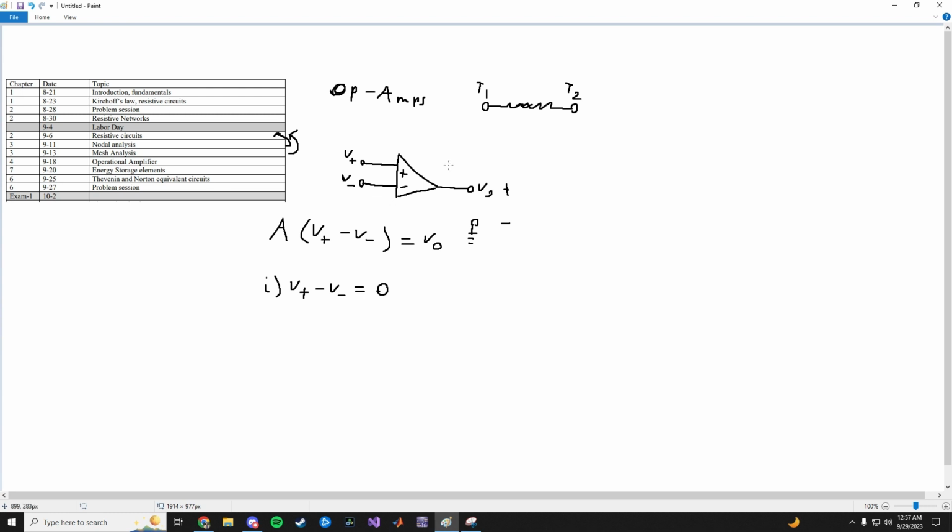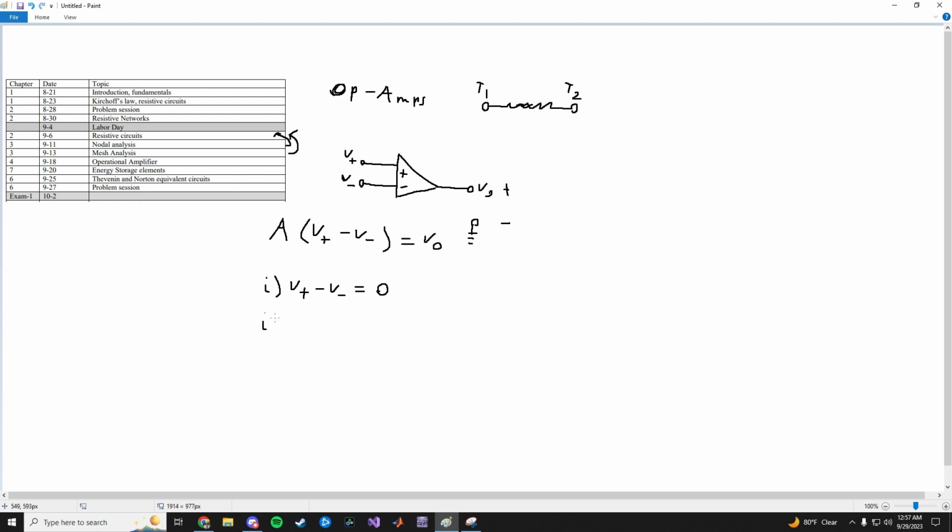So say V plus equals 10 volts. Then V minus would also be pushed to 10 volts. So that's the first golden rule. Any change of voltage in these terminals will push the other terminal to the same voltage.